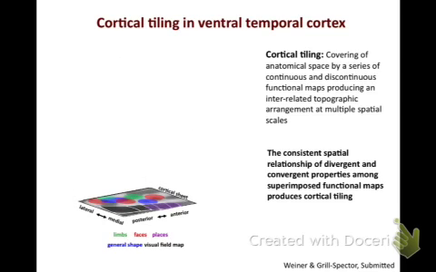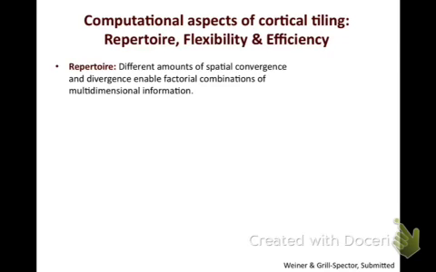And we think that the fact that some of these maps converge and diverge might have functional implications, because this converging and diverging pattern can increase the repertoire, flexibility and efficiency of visual processing.